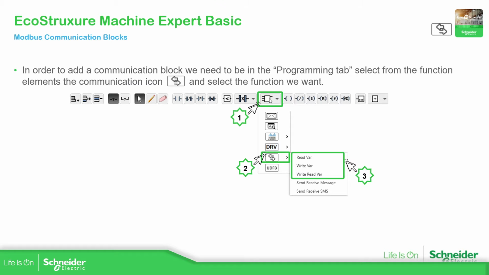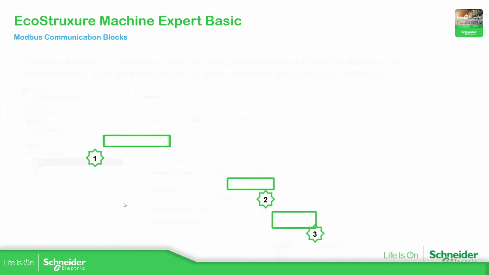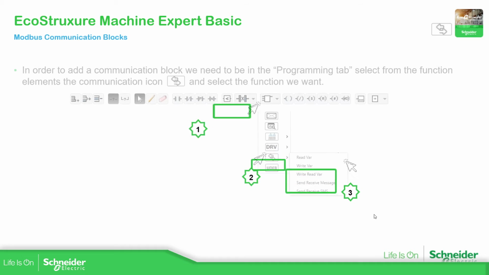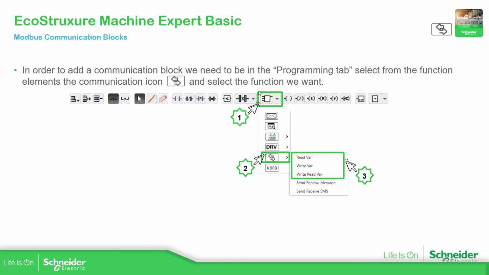We always have the possibility to add the function blocks, but the idea is to configure the hardware part to be a master. And then on the software, we can use these three function blocks that we have here. One is for read, one for write, and one for both write and read.